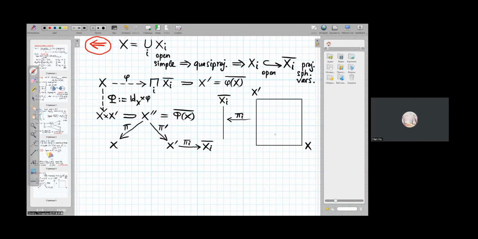And also we have X double prime, which is the closure of the image of this rational map phi from X, this horizontal line, to X prime, the vertical line. So X double prime is somewhere here. It's some kind of diagonal. Of course, it is not a true diagonal because these two varieties, X and X prime, are not the same. But it is something like the diagonal. It is the image of this rational map.